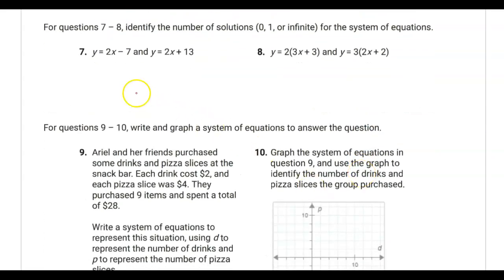Now, to identify the number of solutions, remember, if I have two parallel lines, do they intersect? No. Therefore, this would be no solution. So if you have parallel lines, meaning they have the same slope, that means they don't intersect and there would be no solution. Okay?